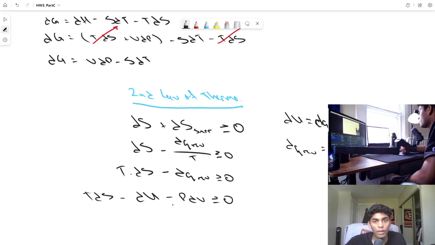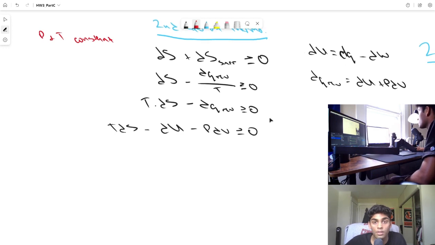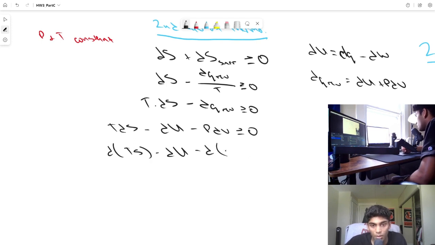Now, it was stated earlier that we are keeping our pressure and temperature constant. So P and T constant. Since those are constants, we can put them inside of the differential. So this is going to be the differential of TS minus the differential of U minus the differential of PV greater than or equal to 0.